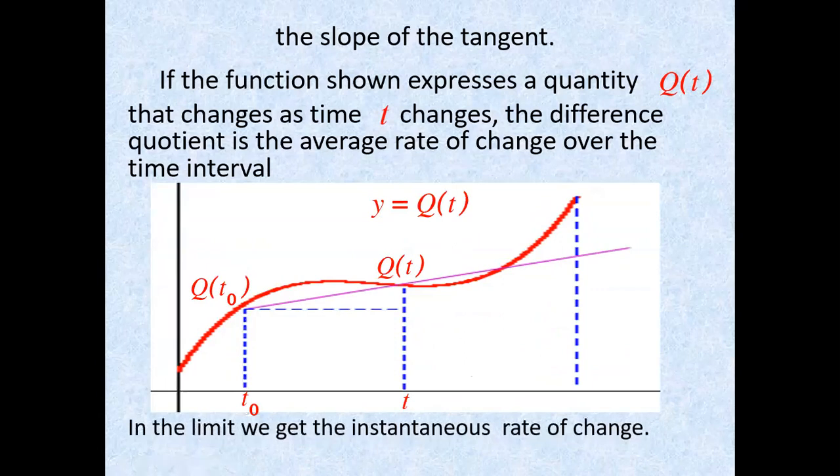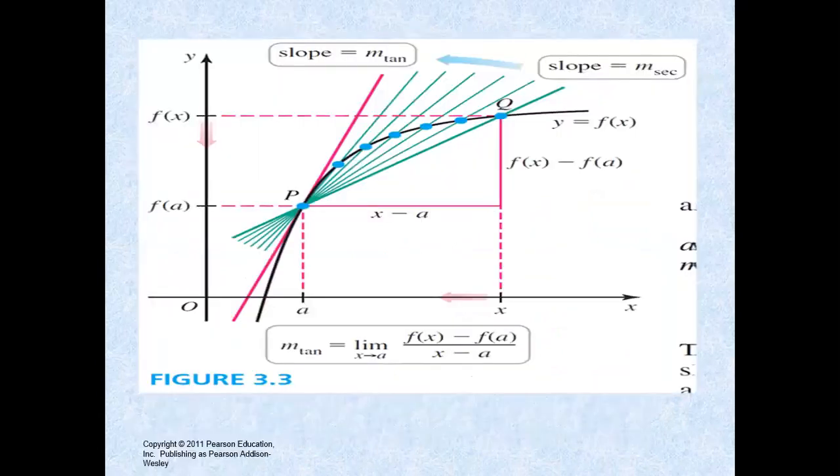So in the limit we get the instantaneous rate of change. Here in this figure we can see that we have a point marked with P, and this point on x-axis we said that this point is point A, and we have a second point we have marked, this point is x.